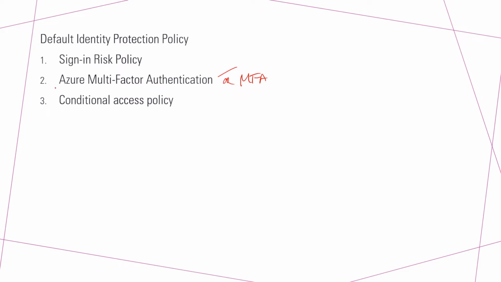MFA runs on three categories of authentication methods. They name them something you know, something you have, and something you are. Something you know is typically a password.